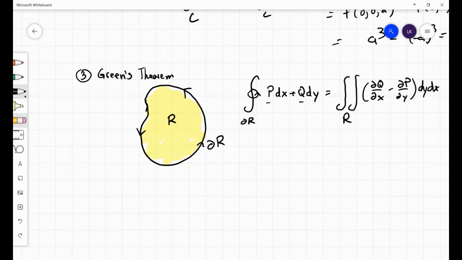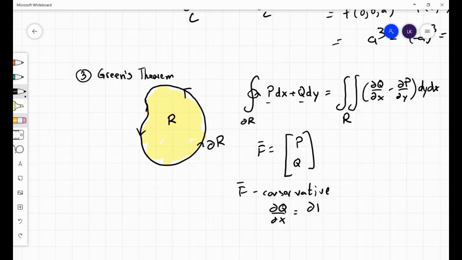And notice that if we have a vector field on the plane with components p and q, what does it mean for f to be conservative? Well, it means that the derivative of q with respect to x is the same as the derivative of p with respect to y.